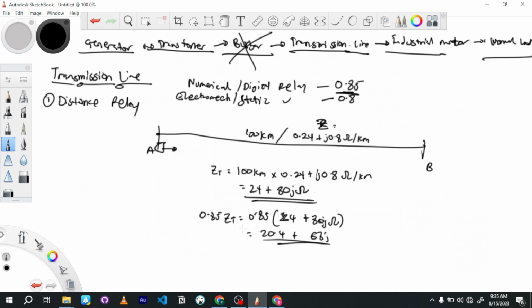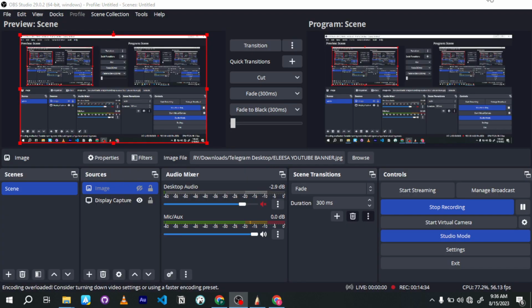Zone 3 is equal to 1.2 times the protected line plus the longest adjacent line. I hope this makes sense to you.